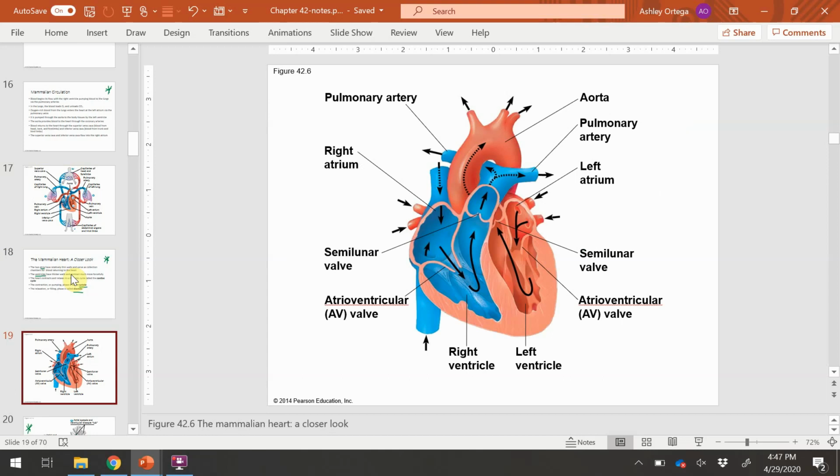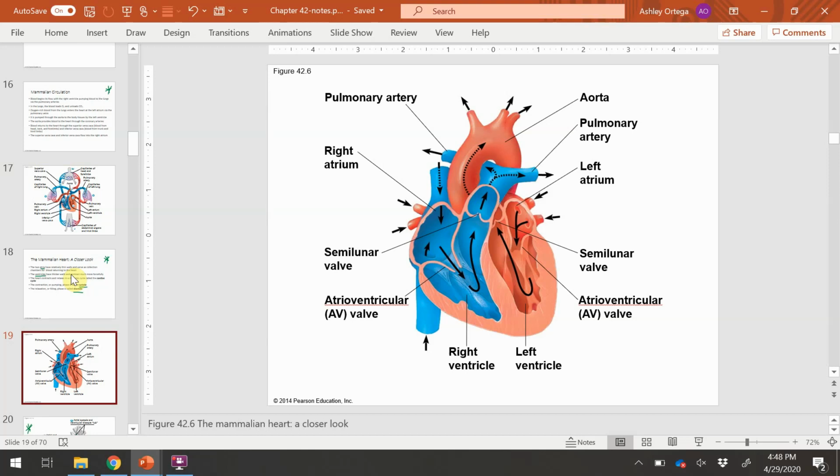And so here we can see the mammalian heart, a closer look at the anatomy of the heart. The right atrium, starting out there, you can see it has what we call an atrioventricular valve or AV valve that goes to the right ventricle. That's a valve that has three parts that help open and close that valve.